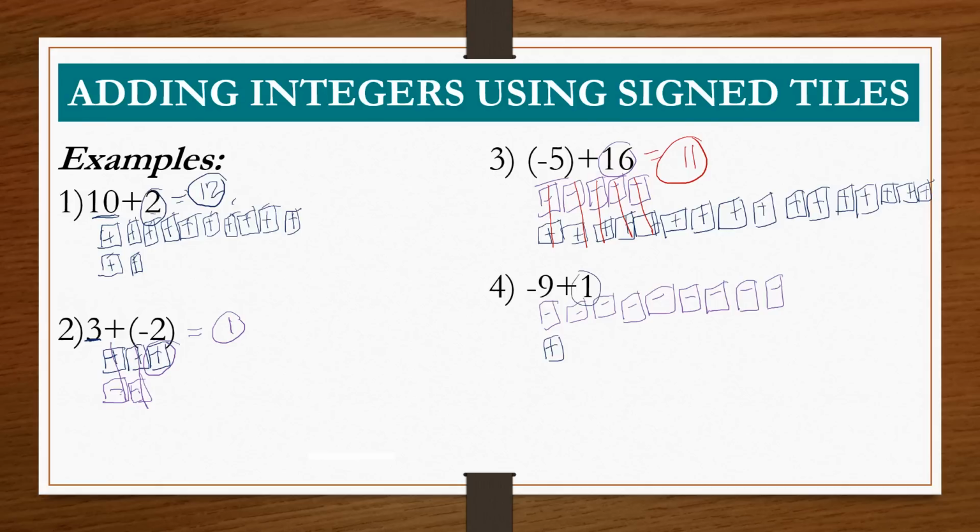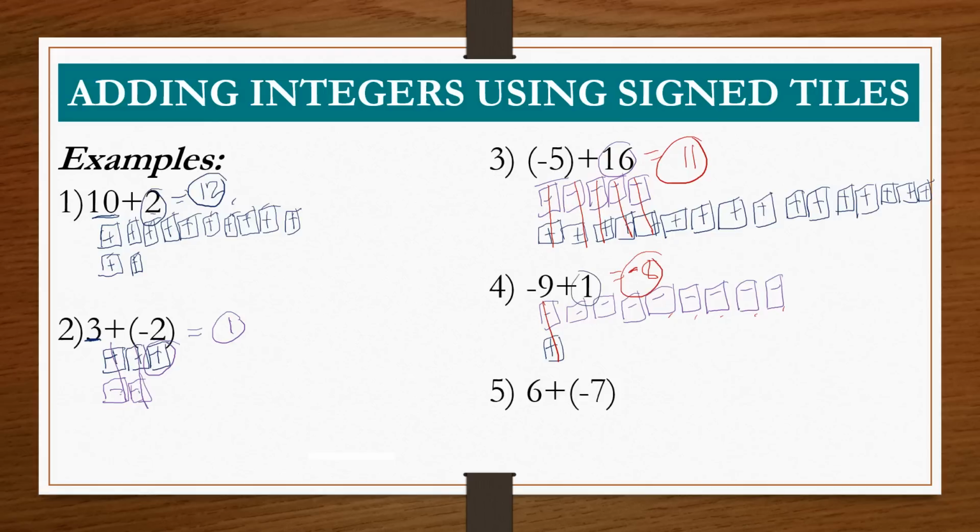We can cancel a pair of negative and positive tile, so we can cancel this, and we are left with how many tiles? We are left with 1, 2, 3, 4, 5, 6, 7, 8. And what is the sign of those tiles? Yes, they are all negative. So the sum of negative 9 and positive 1 is negative 8.